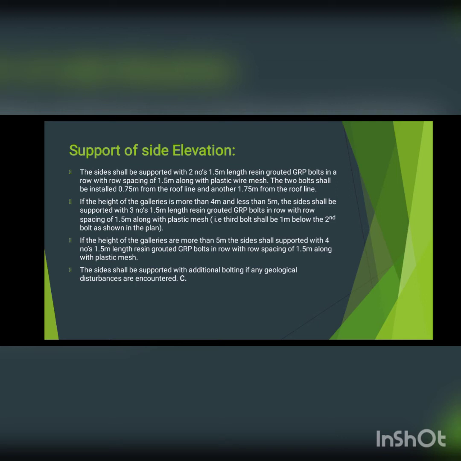The side shall be supported with additional bolting if any geological disturbances are encountered. So as we know, if we encounter geological disturbances like cavities, then it has to be again supported to withstand.